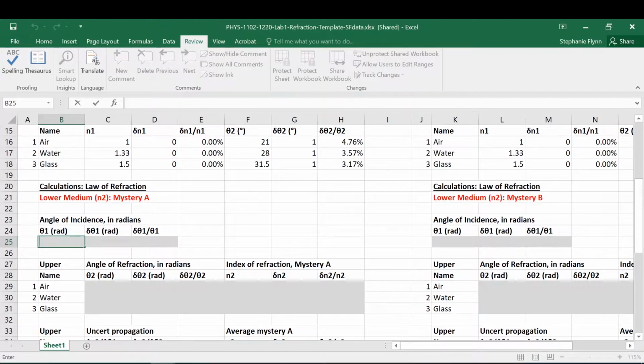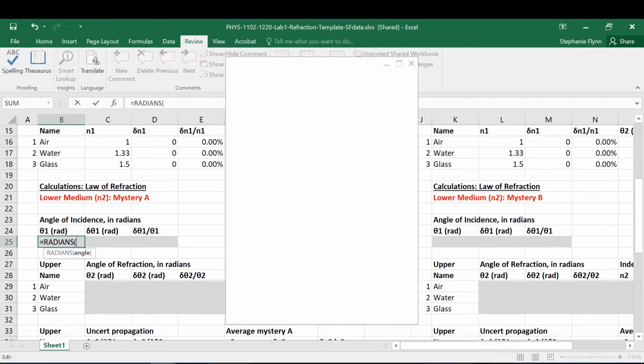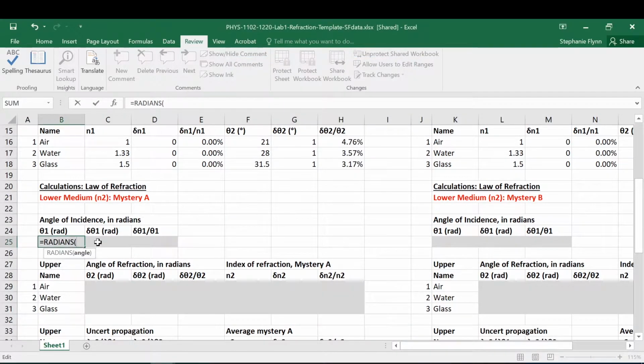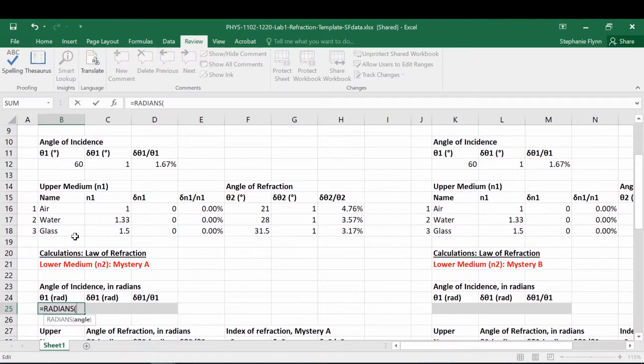So recall when you want to do a calculation in Excel, you always have to start with the equal sign. And the special function is just the word radians. And you'll notice when I start typing, Excel will try to guess what function I want. So I'm going to click this function, and then I want to convert my angle of incidence into radians, so I'm going to close the bracket.